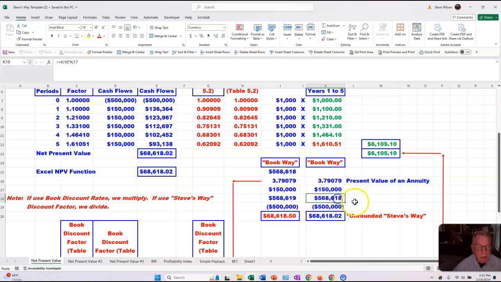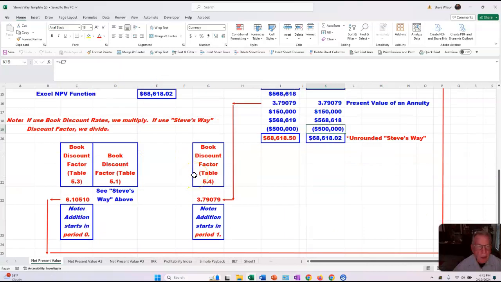That gives me 568,618. Back out the 500,000, that gives me 68,618. So that's the book way of doing it. And you can see the book way versus the manual way, I call Steve's way, does the same thing.